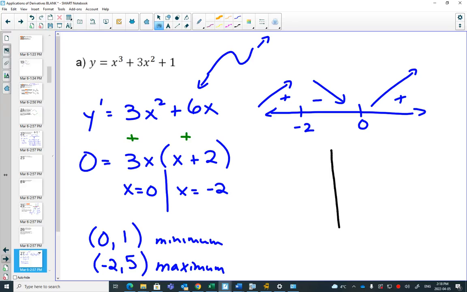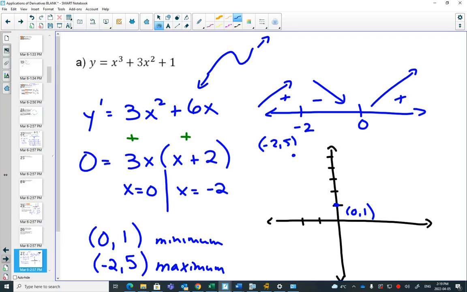As far as graphing this, we know that at 0 comma 1 we have a point. That's a minimum. We know that at negative 2 comma 5 we have a maximum. What does our graph look like?